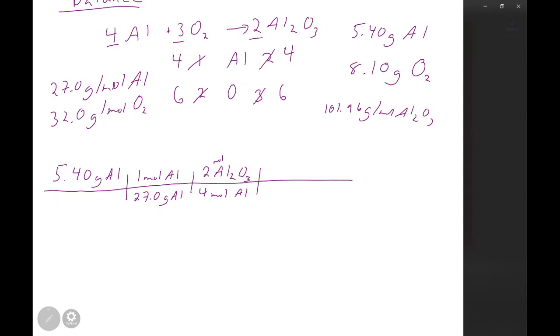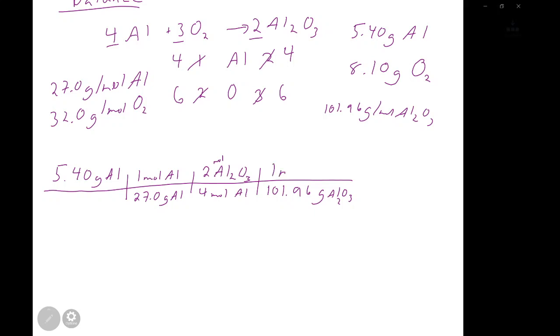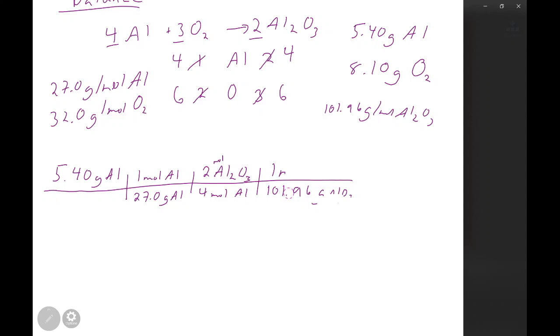We need that here. Now we're in moles of aluminum oxide, so there's 101.96 grams of aluminum oxide per 1 mole. I'm sorry, I did that backwards. We wouldn't be left with moles, we want grams. So there's 101.96 grams per every 1 mole of aluminum oxide.